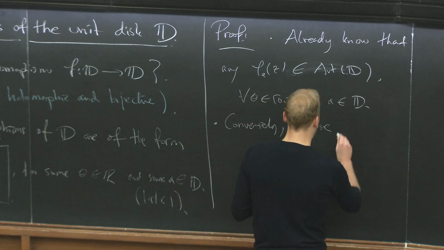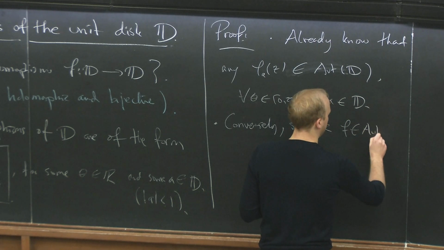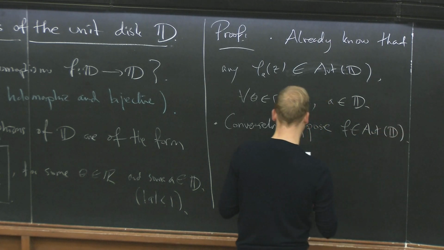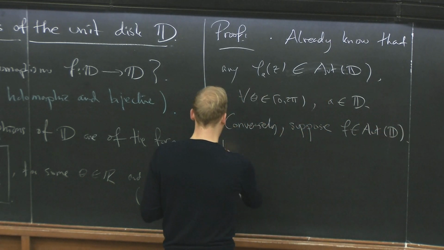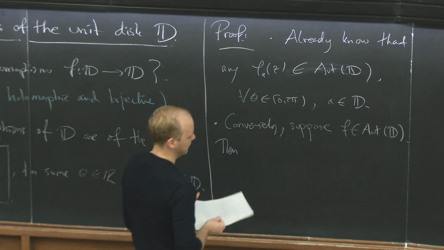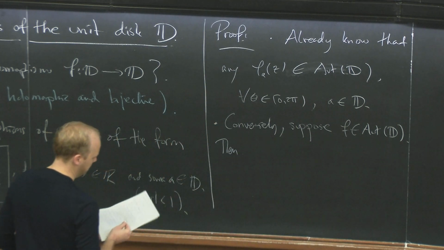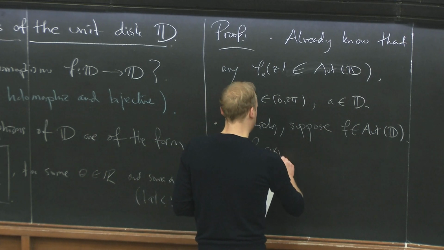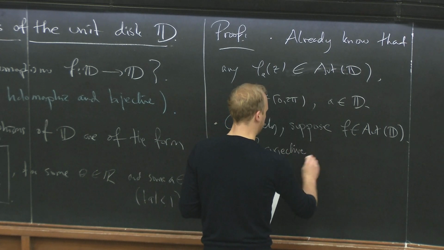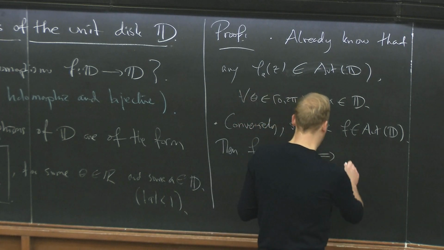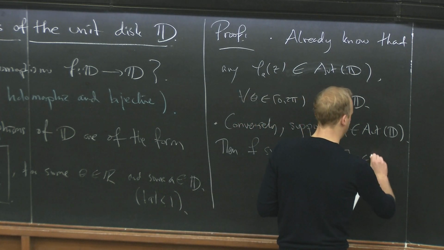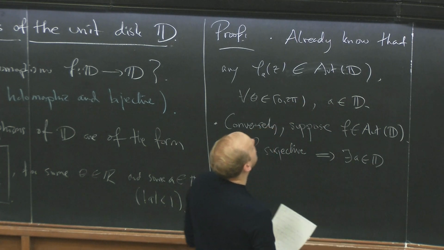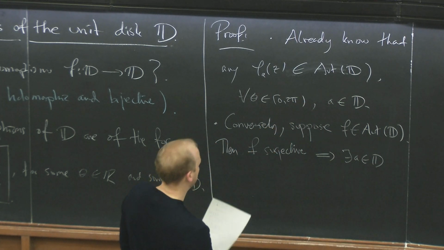So suppose that F is an automorphism of the unit disk. Then in particular it's holomorphic and bijective. From this being bijective, we know that it's in particular surjective. So we can find an A in the disk which maps to 0. Were there any questions? No?